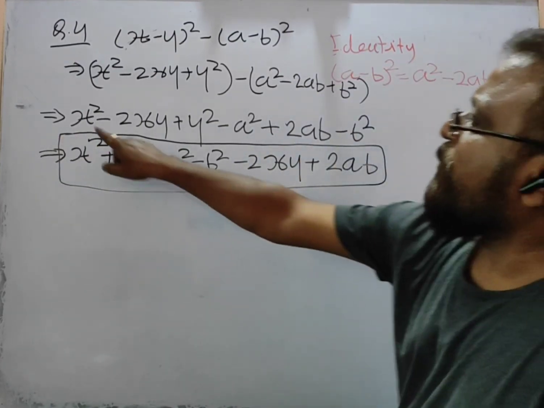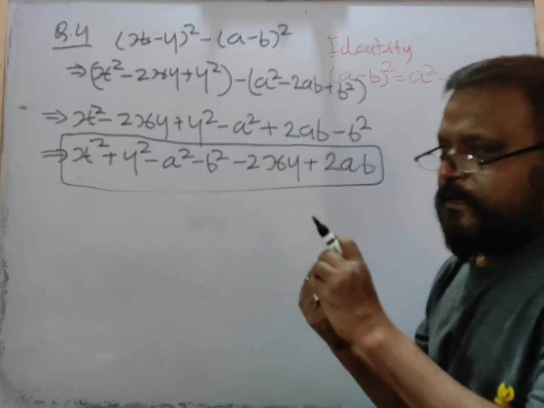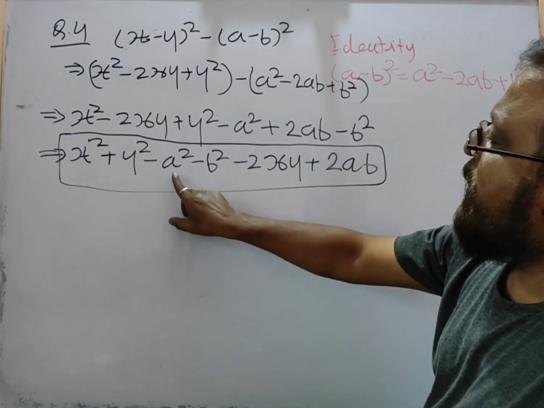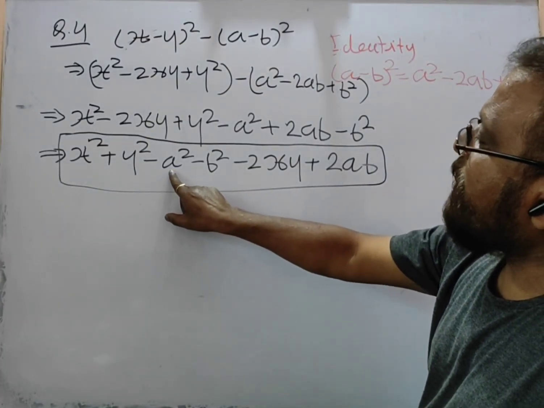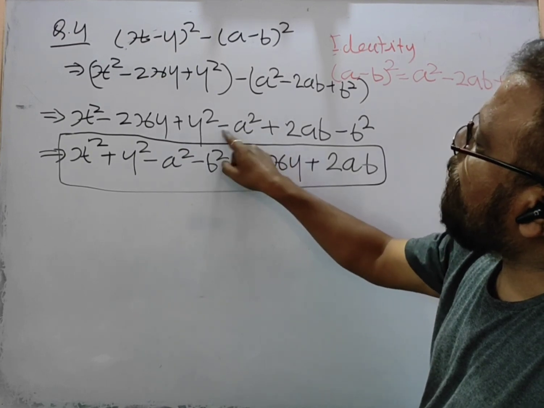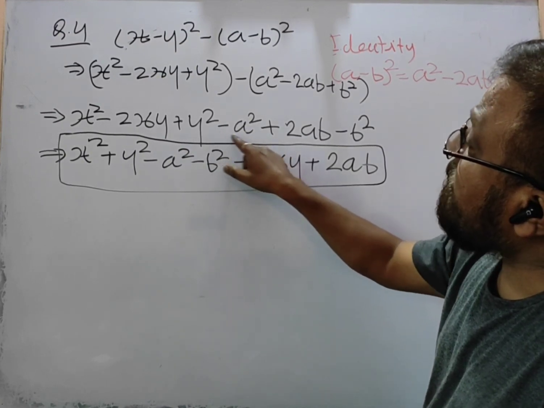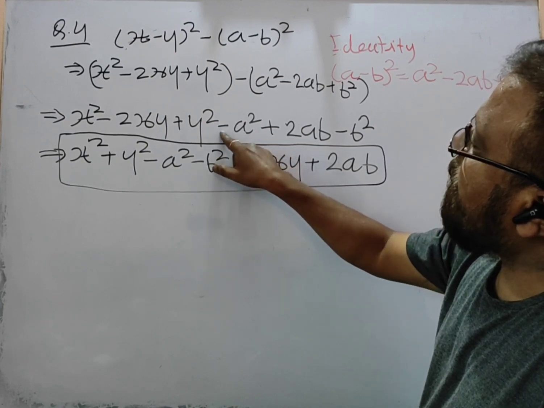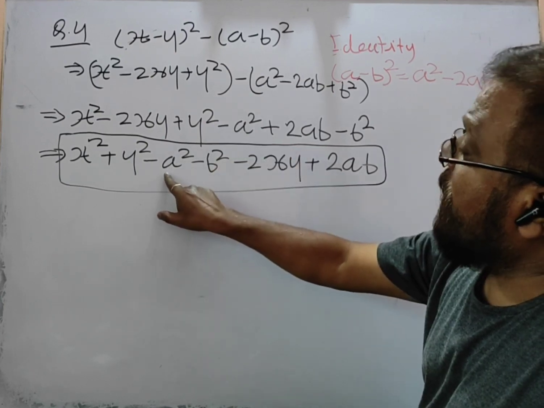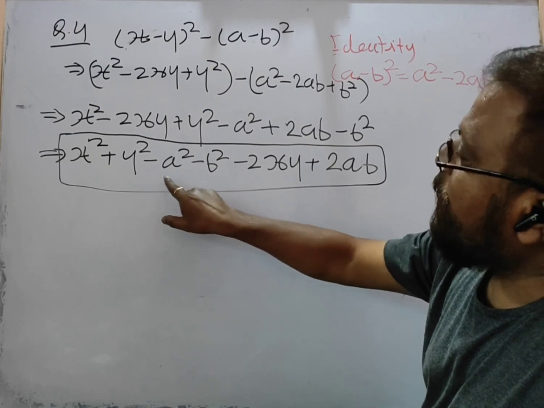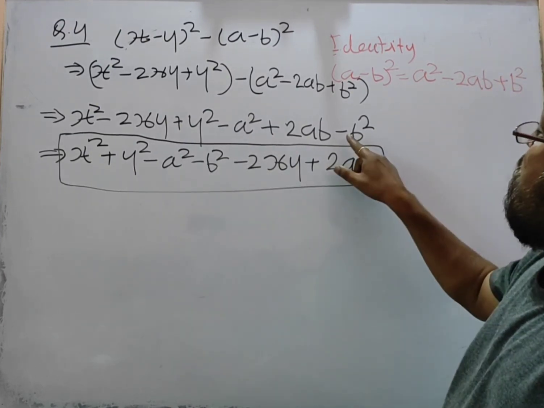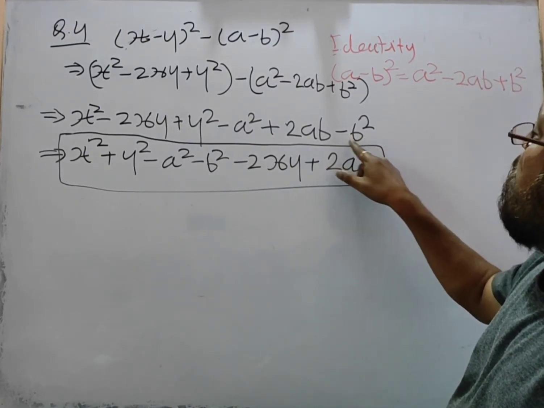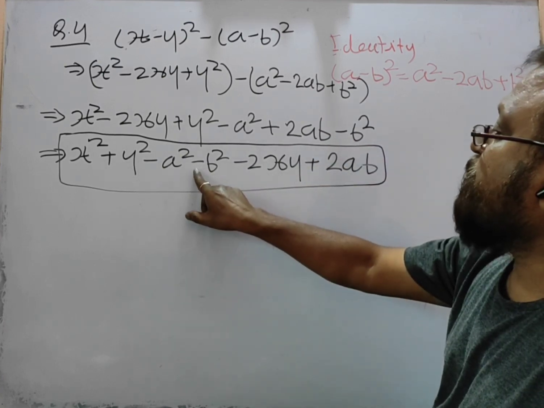Rearrange just x square. Always the sign is written in front of the number. Since here is minus a square, I write minus a square. In front of b square is minus, so I write minus b square.